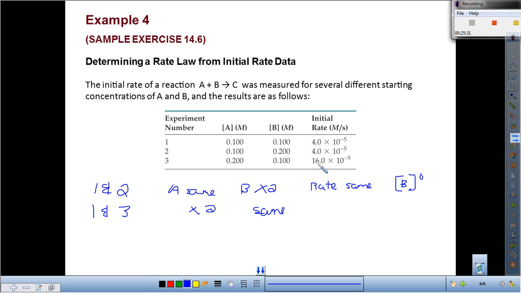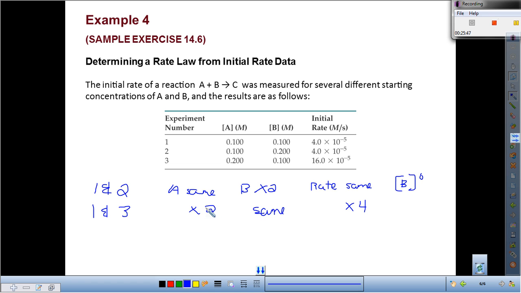Then we look at trial 1 to trial 3. What happened to my rate? Well, my rate went up by 4. So what's the relationship between 2 and 4? Well, it's an exponential relationship.